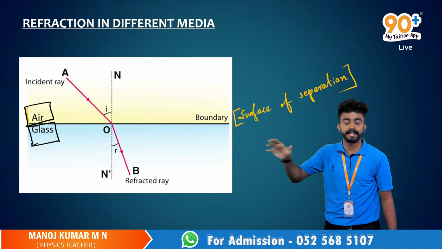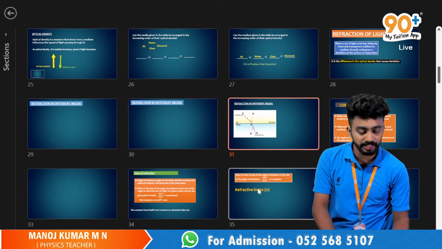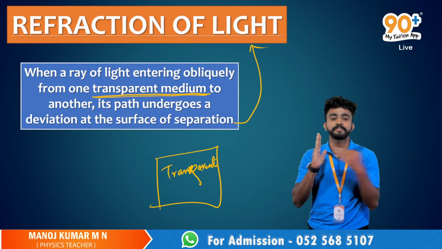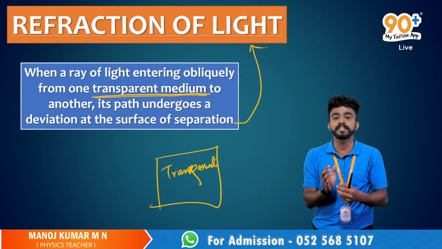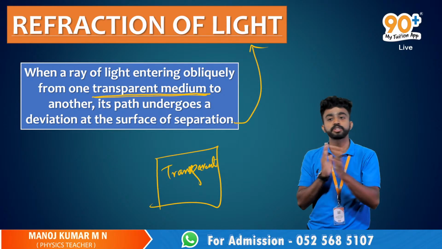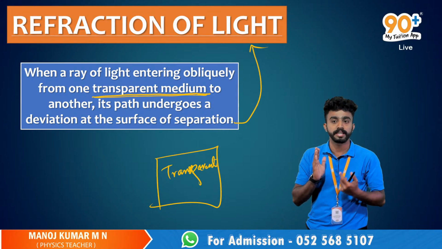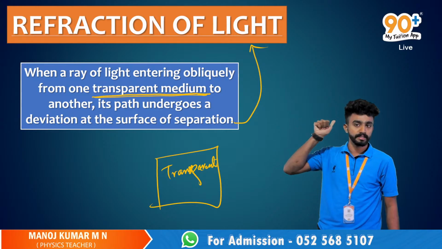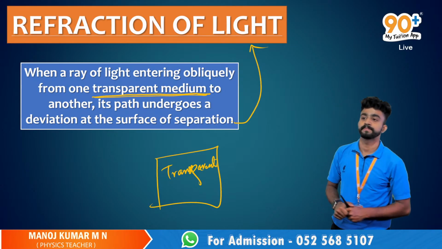It doesn't happen like that, because in refraction we are considering a transparent medium. In a transparent medium, reflection is not possible, light will pass through it. So only refraction happens, there is no reflection incorporated. That is what I was discussing about the transparent medium. Got it? Yes, sir. Thank you.